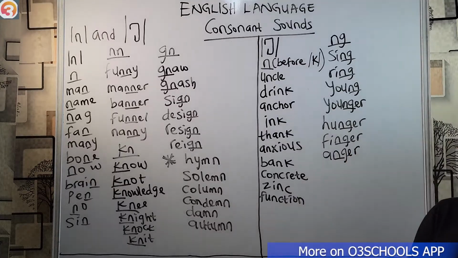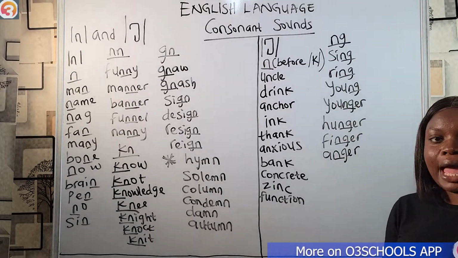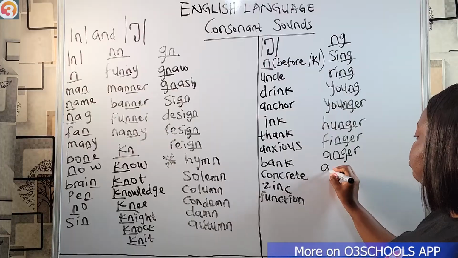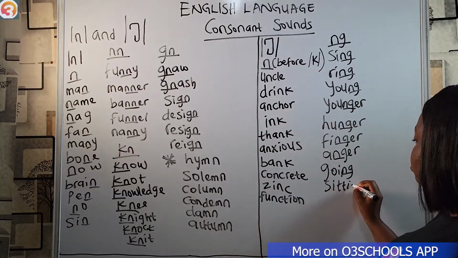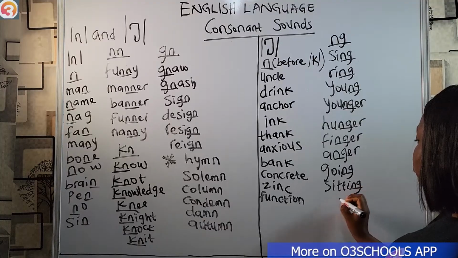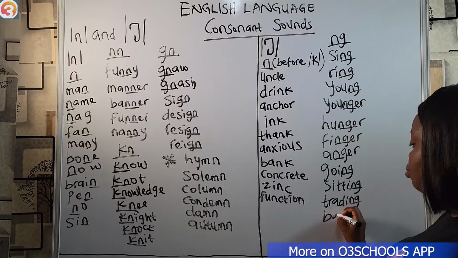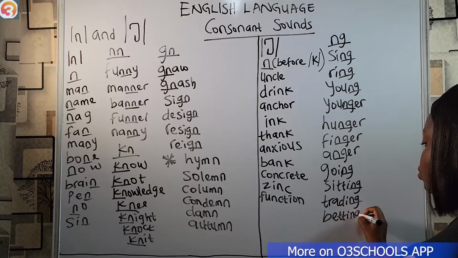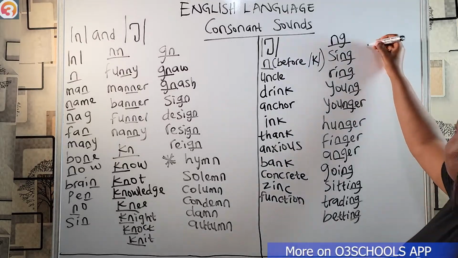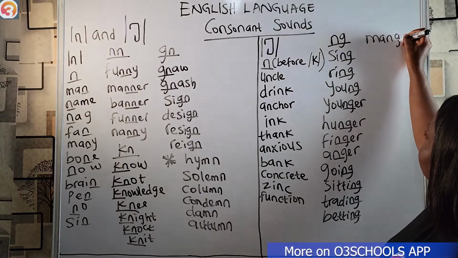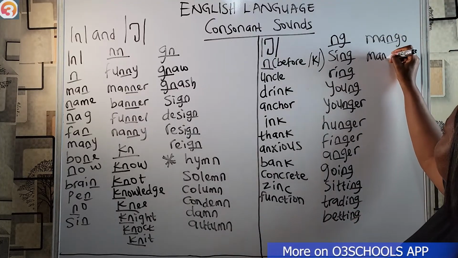Words like this, or continuous form of verbs, that's verbs ending with ing, like going, sitting, trading, betting, you know them, continuous form of verbs. Then we also have mango, mango.